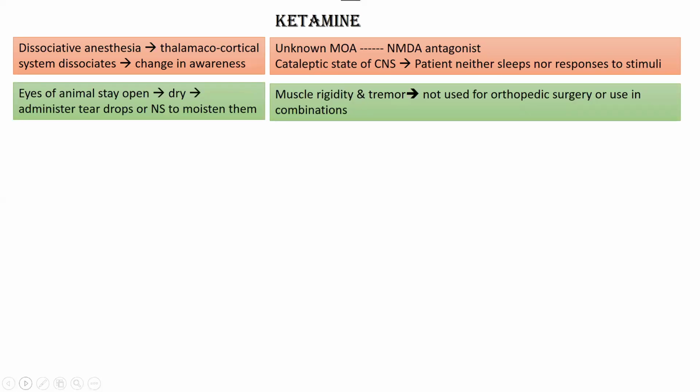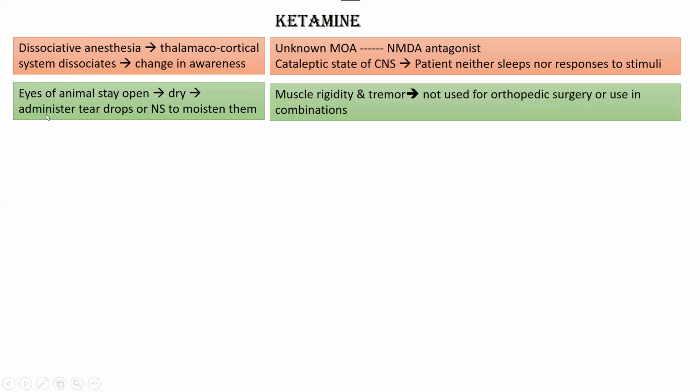With ketamine, the eyes of the animal will remain open during the surgery, and because of that continuous opening, the eyes will become dry. And to prevent that dryness, because if they remain dry for like 1 hour of a surgery, or sometimes if the surgery is more prolonged, like 2 hour surgery, there is a risk of developing ulcers because of the dryness of the eye.